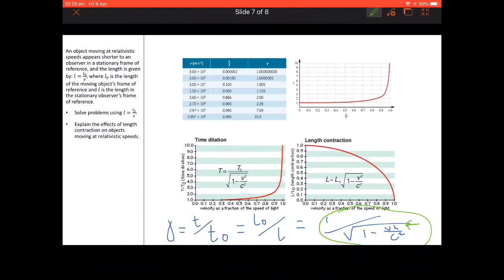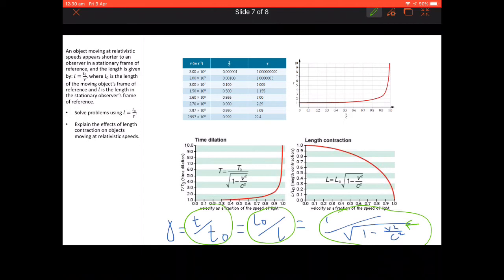So as the relative velocity approaches the speed of light, the Lorentz factor increases. If we look at these equations here, the minimum Lorentz factor value, which is 1, is going to occur when time in both reference frames is equal and when the length in both reference frames is equal.